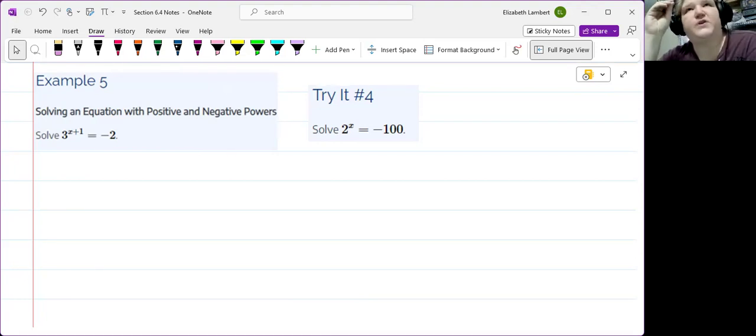Well, I know 3 to the first is 3. 3 to the 0 is 1. 3 to the negative 1 is 1/3. 1/9. 1 over. It never gets to 0. It sure never gets to negatives.